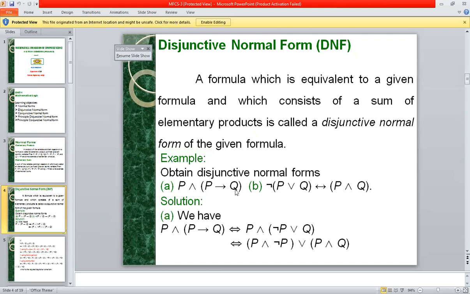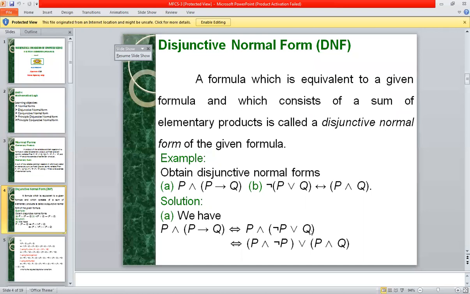What is the rule for P implication Q? Negation P or Q. So the given formula P and (P implication Q) is equivalent to P and, in place of P implication Q, we write negation P or Q.